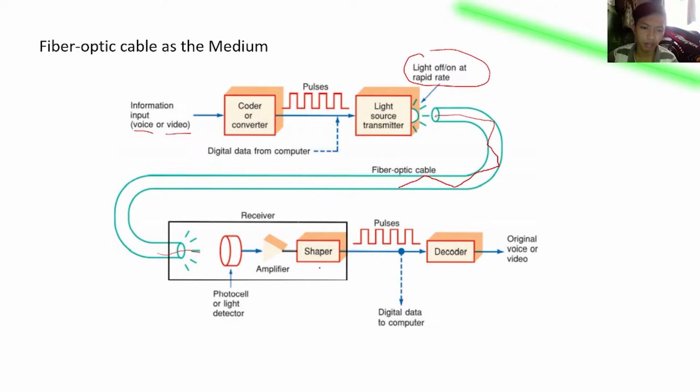Then there is the receiver, which converts back into pulses, and then the decoder, and it is transferred into the original voice or video. Okay, so this is an example of fiber optic cable as the medium.